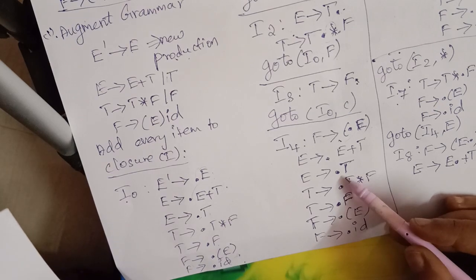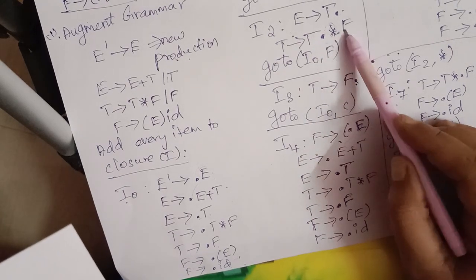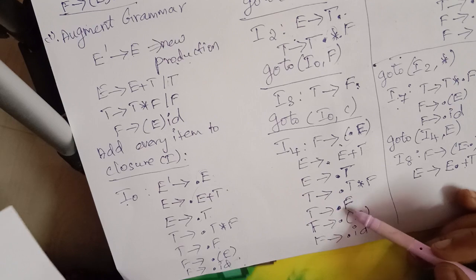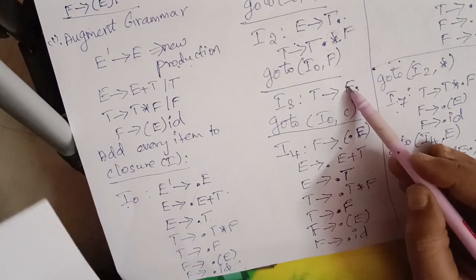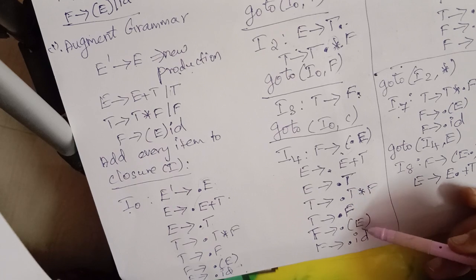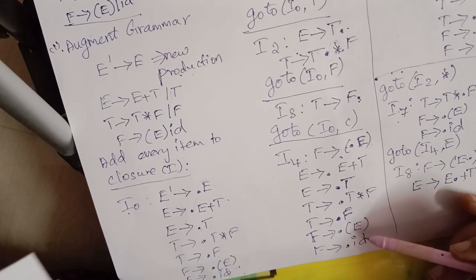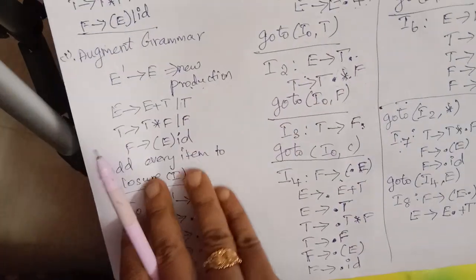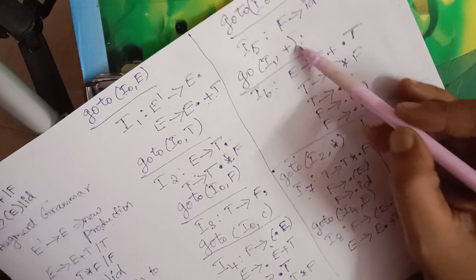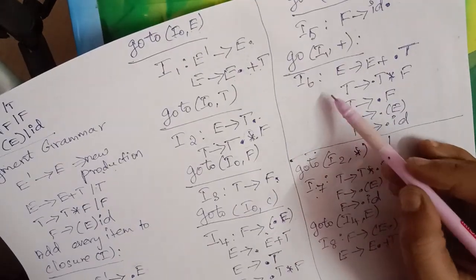If I do I4 comma T, it is already derived here and you will get the same item. And if I do I4 comma F also, I'll get this item. So I think in I4 we have solved everything. Now we can look at I5: all the items are solved. And I6 we can check.